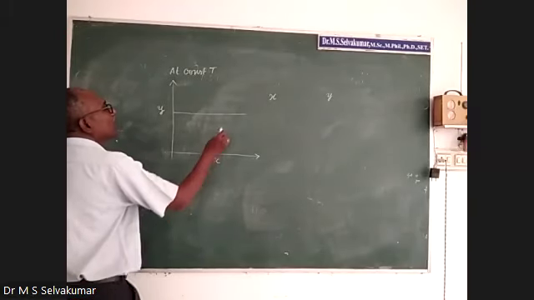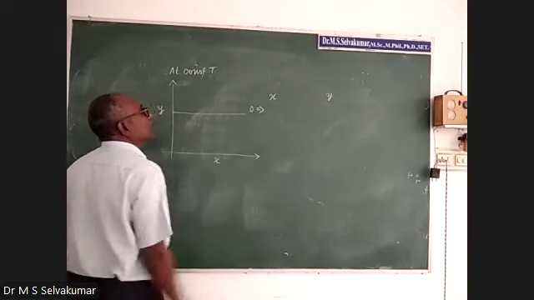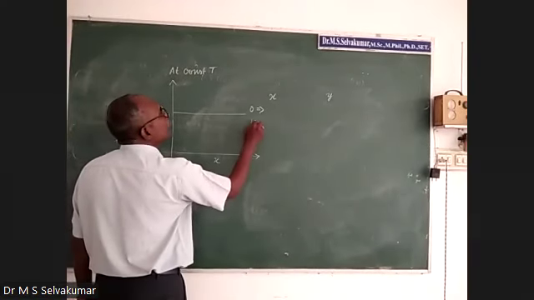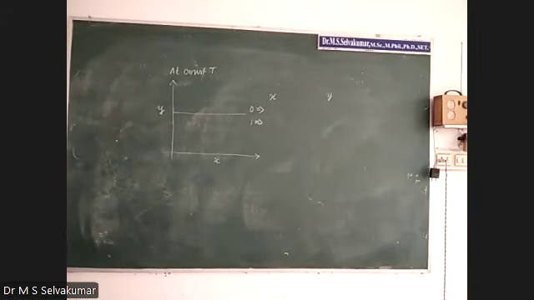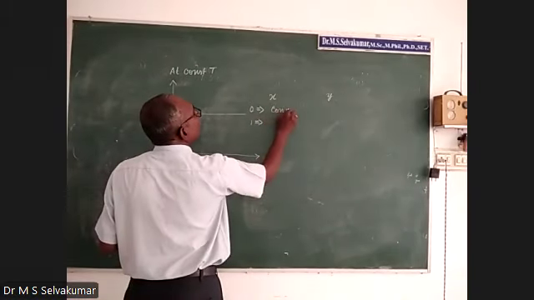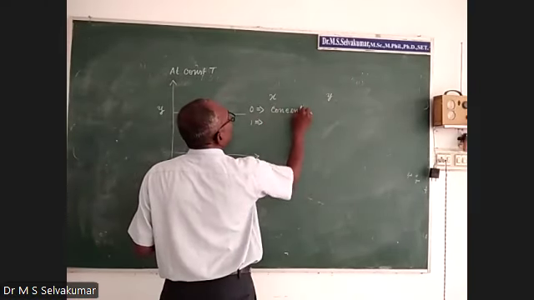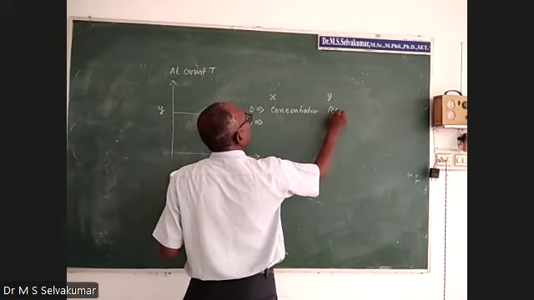When the order of the reaction is 0, and when the order of the reaction is 1. When the order of the reaction is 0, x is the concentration of reactants and y is rate.